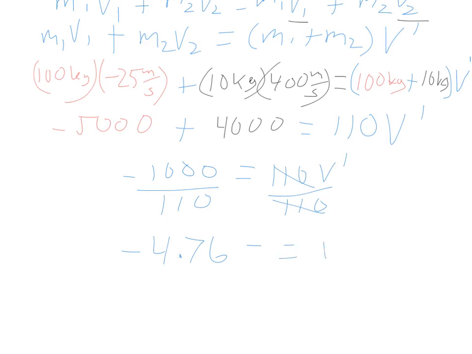Since that is the velocity of the cannonball and radioactive man afterwards, the units are meters per second. And that negative sign just means exactly what we expected, which means the two of them will move to the left. The negative sign shows me the direction, whereas the scalar part of velocity, that's the speed. Next up we'll do elastic collision.